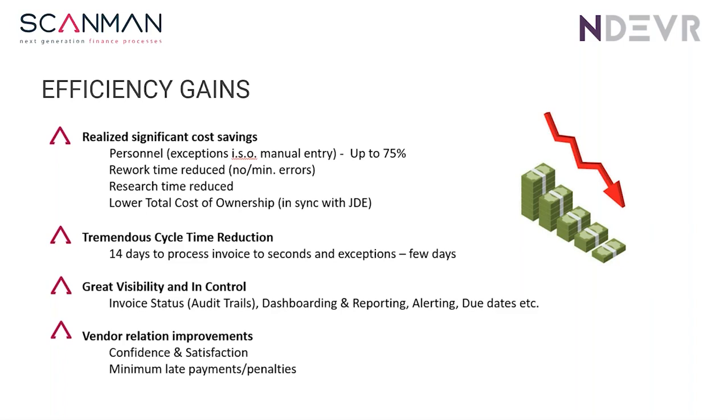These are also the reasons why customers are going for an AP automation solution in general. First of all, it's the cost savings, of course, and like Viva Energy went from 7 to 4 headcount. But it's also the fact that the personnel who used to work on manual entry can now work only on exceptions.